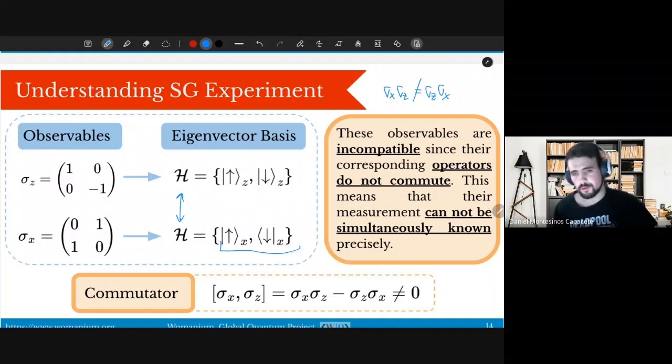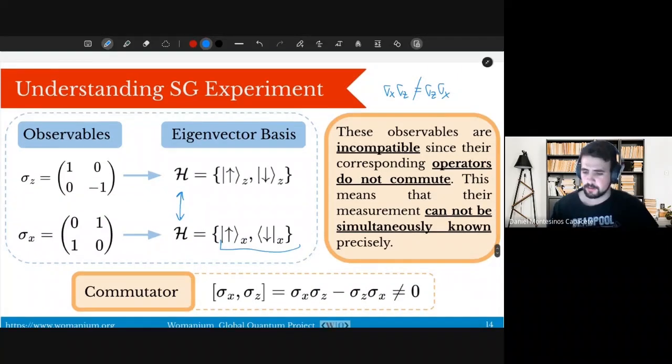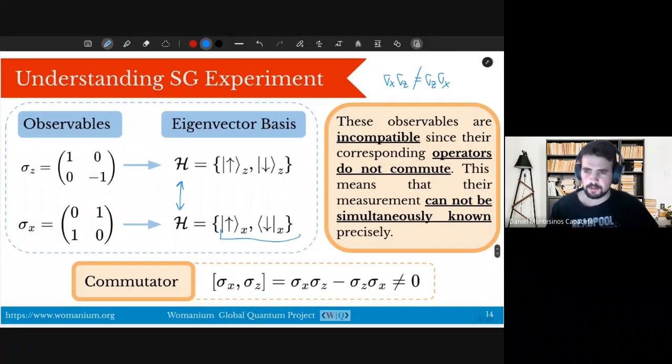And when two operators don't commute, and they represent physical observables, they are called incompatible, and we are going to understand this better when discussing the experiment in the next steps.